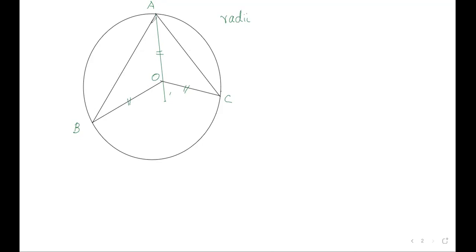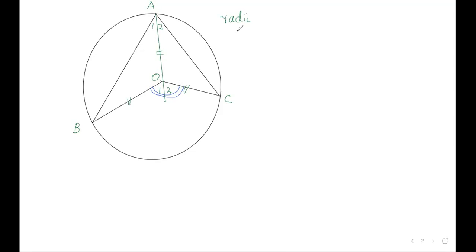Now, let's label this A1, A2, O1, O2. O1 and O2 will give you this angle here, which is angle BOC. Angle BOC is the sum of angle 1 and angle 2.